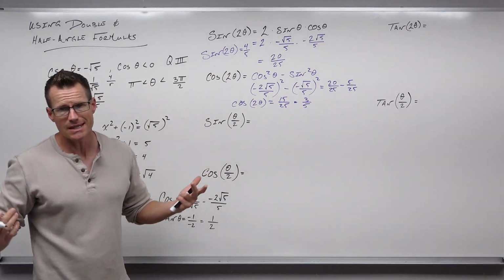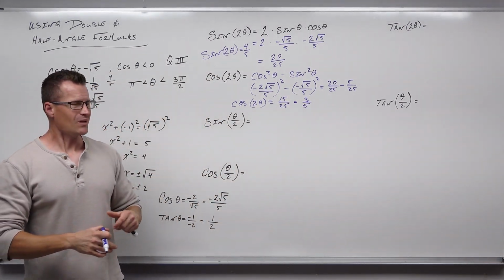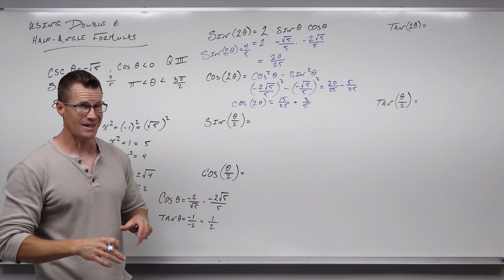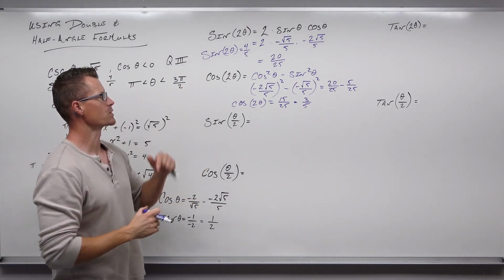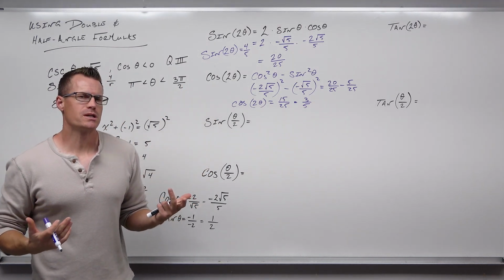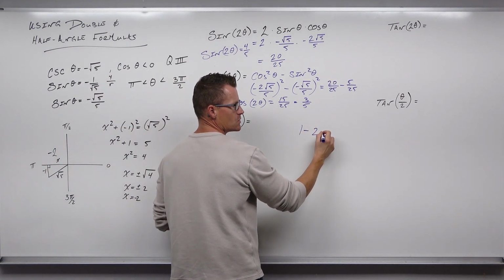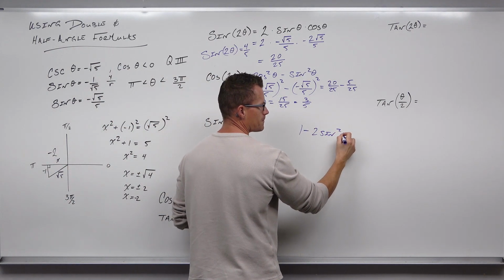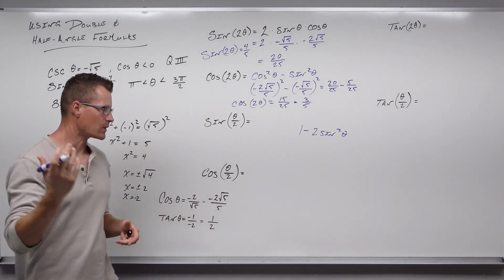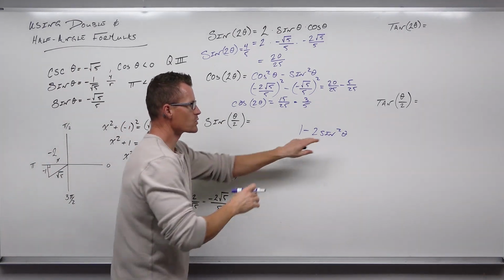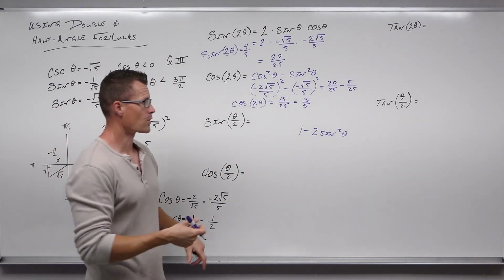Now, I said sometimes it's easier depending on what you've been given. So if we didn't want to have to spend the time to find cosine theta and all we were looking for was cosine 2 theta, we might have used a different identity. We might have used 1 minus 2 sine squared theta. Now, does it still give us the same answer? Well, let's find out. If we did that, notice we've been given sine theta. It wouldn't have been all that hard to find.